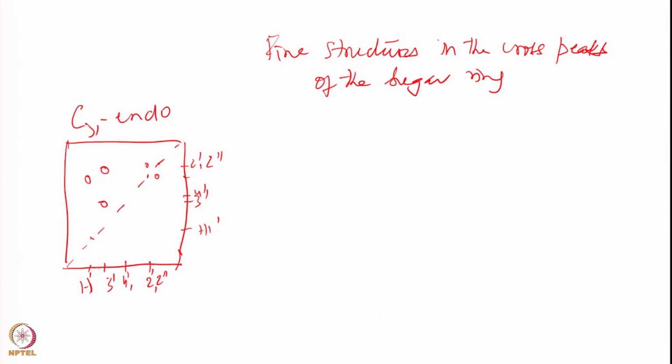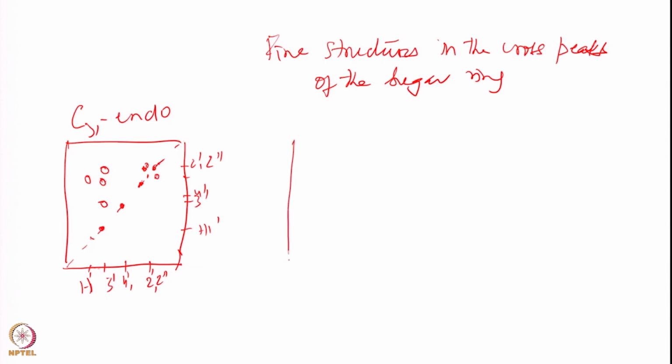It will also be present, and that will also be present here. And will 3 prime 4 prime be present? Yes, that will be present, this is 3 prime to 4 prime, this is the diagonal of the 3 prime, this is the diagonal of the 4 prime, and these are the diagonals of the 2 prime and 2 double prime, okay. So, these 4 cross peaks will be present in the case of a C3 prime endo geometry.